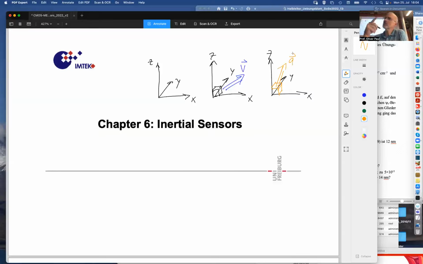One is not able to determine what the origin of that acceleration is. Is it because I'm acting with a force on this object against its inertial parameter, its mass, to accelerate it according to F equals m times a?